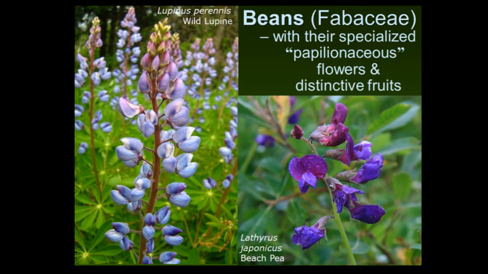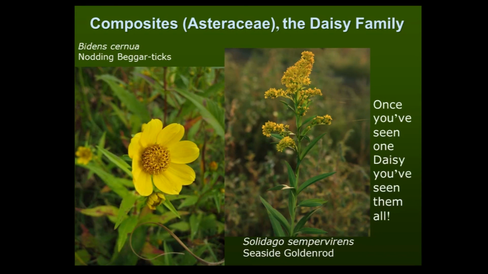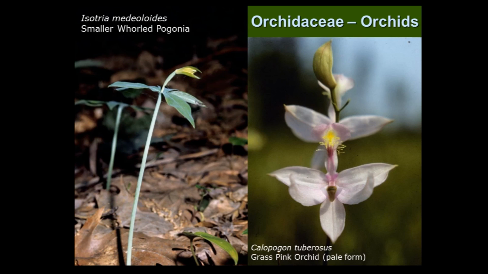But there are lots of families that aren't changed. Mustards. Mustards are all the same. Once you've seen one mustard, you've seen them all, good or bad. Beans. These striking specialized flowers are a cohesive natural unit, and they stay that way.